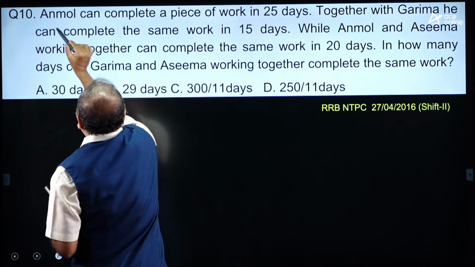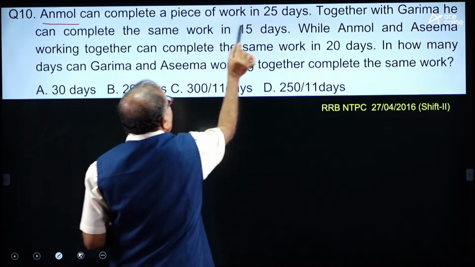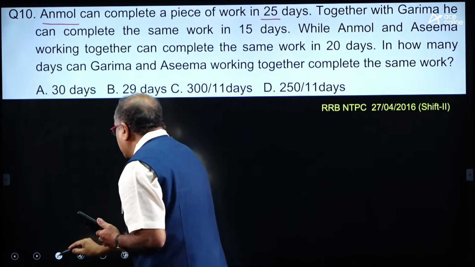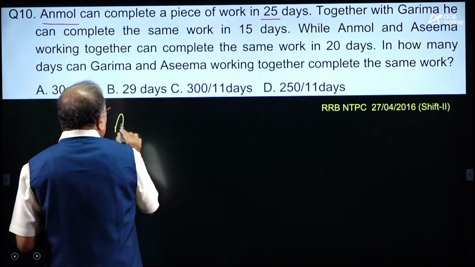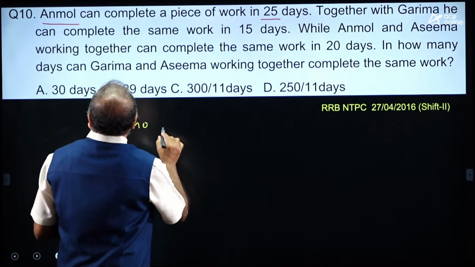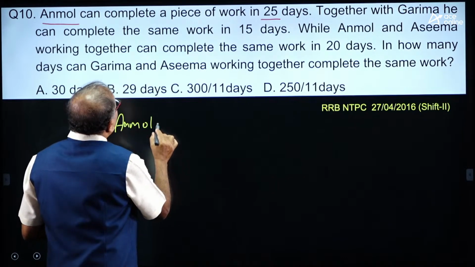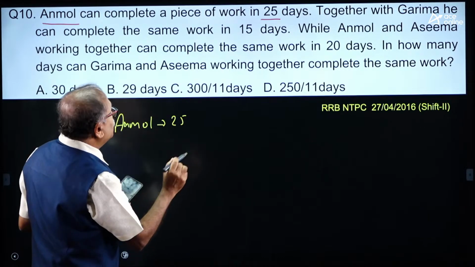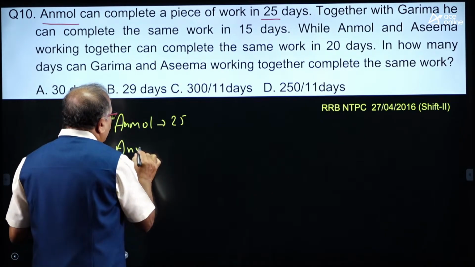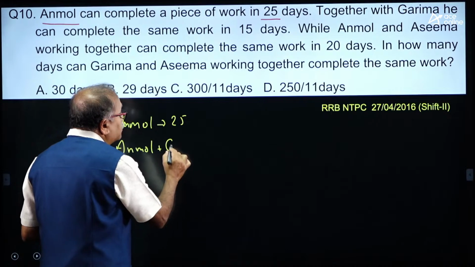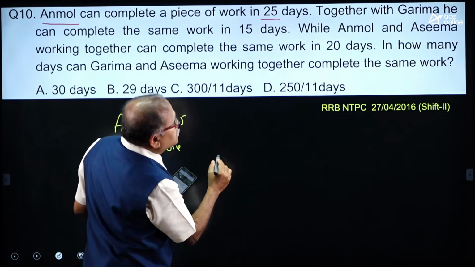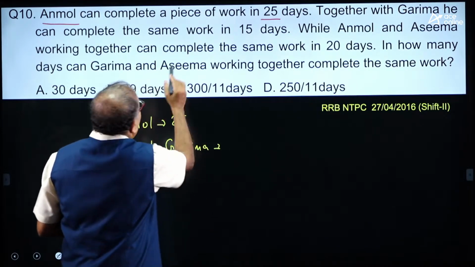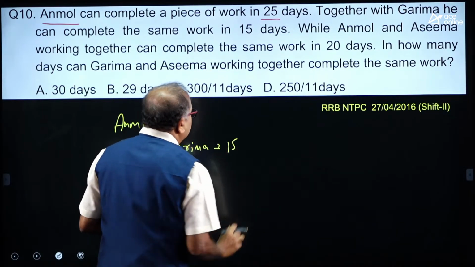A person, Anmol, can complete a piece of work in 25 days. That is what is given to us. I am just writing the given information. Anmol can complete a work in 25 days, and together with Garima, that means Anmol plus Garima, they can complete the same work in 15 days.